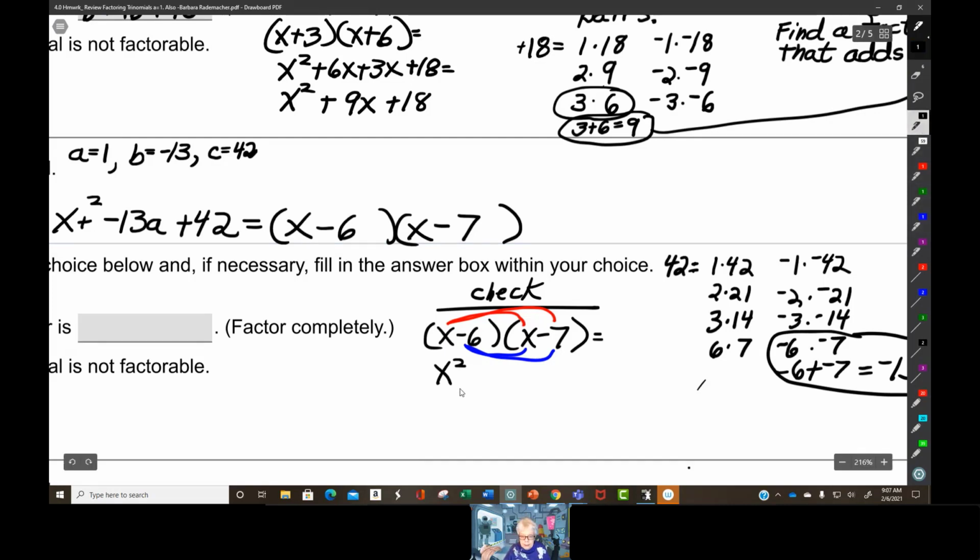And so that gives me X squared minus 7X minus 6X. Negative 6 times negative 7 is plus 42. And so X squared minus 13X plus 42.